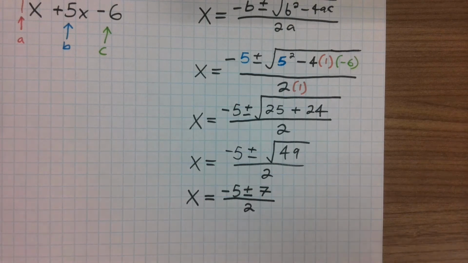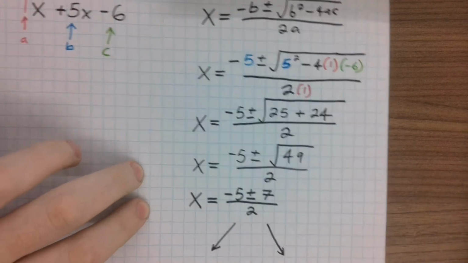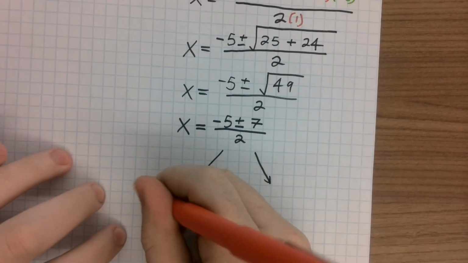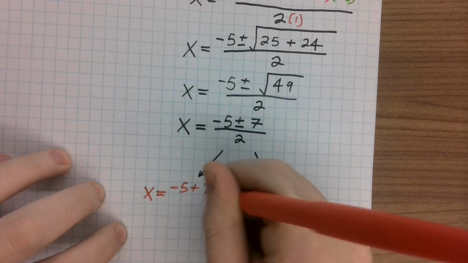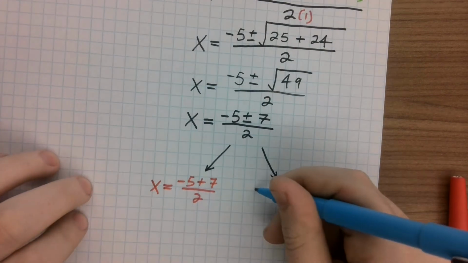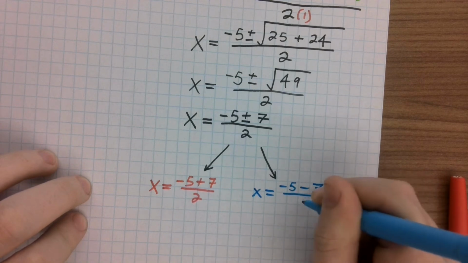Remember that plus and minus means that we have two versions of our answer, one with a plus and one with a minus. So our first version of the answer is x is equal to -5 plus 7 over 2. Our second version is x is equal to -5 minus 7 over 2.